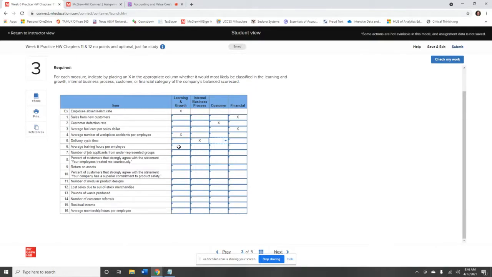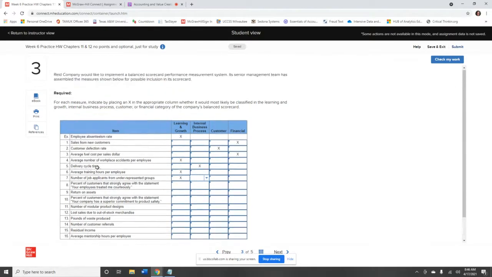Training hours per employee. If it's related to employees and how they do something, about learning, about growth, about doing better with employees, that's learning and growth. Number of applicants from underrepresented groups. That's about employees, learning and growth. Percent of customers that strongly agree with the statement, your employees treated me correctly. That's how happy customers are.